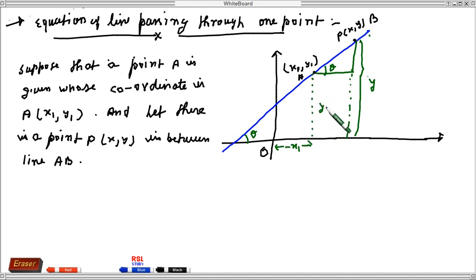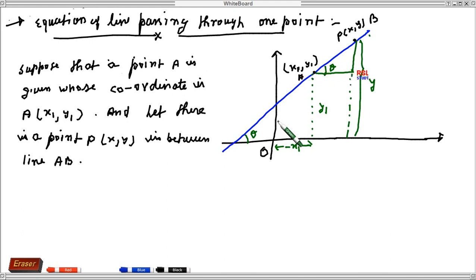Now to reach point A, we travel x1 units on the x-axis and then y1 units on the y-axis. This is x1 comma y1. As this line makes angle theta with the x-axis, any line parallel to it will also make angle theta with the x-axis.